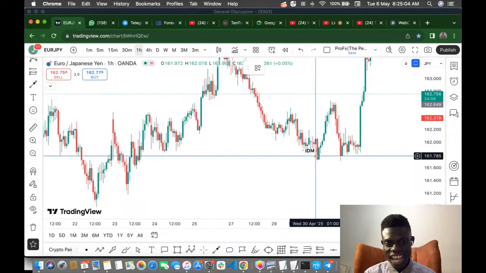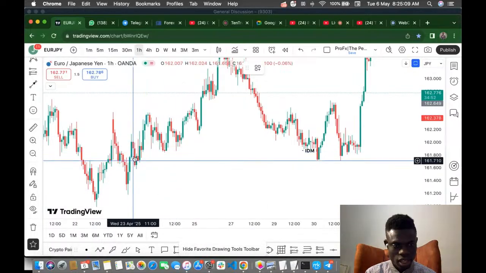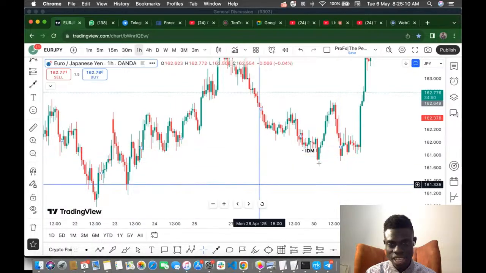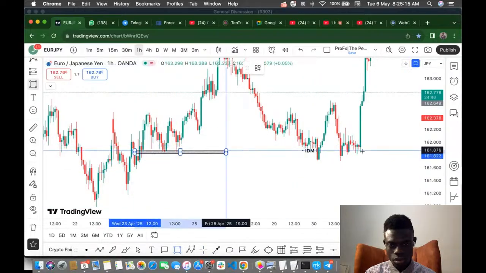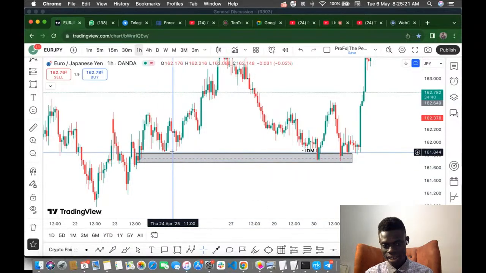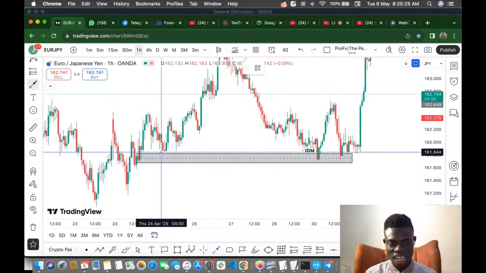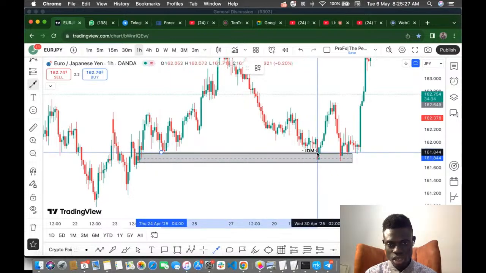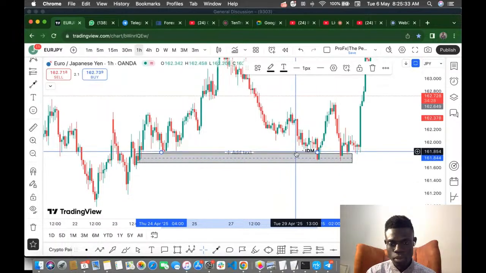Beyond just this guy happening at the location, don't forget there's a location below here that's making this guy move, right? And that even happened because there's an inducement again here. This happened because there's an inducement here that ran into this PY. If you now want to enter, your confirmation entry is IDM plus candlestick.